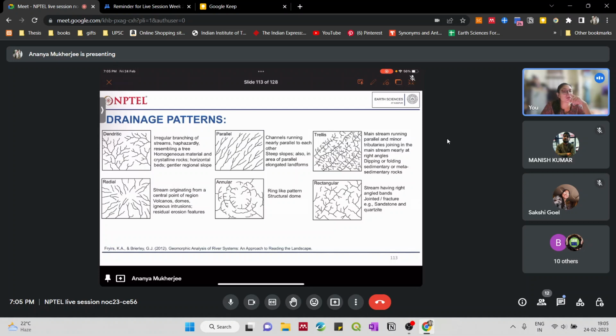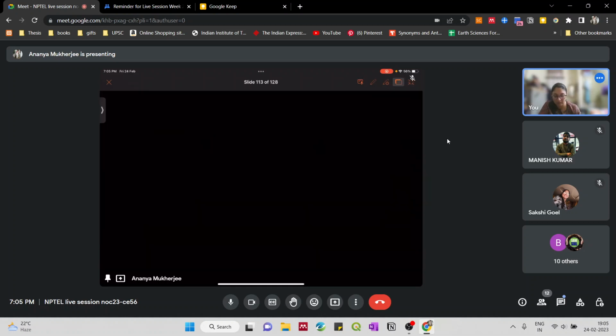Now, these are usually formed in dipping or folding sedimentary or metasedimentary rocks. How will it look? Suppose there are folds here. These are folded mountains and the stream is flowing like this. This is also elevated, so there is a slope change from this direction to this direction.